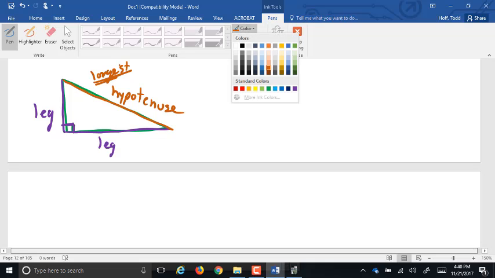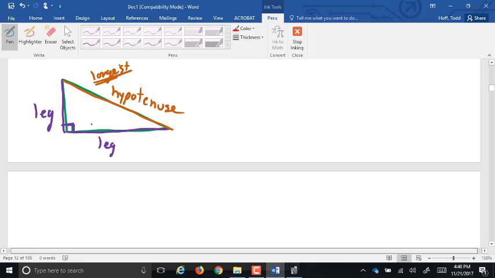When I label a triangle, it is customary to label angles with capital letters. The right angle is always labeled with the capital letter C. And then the sides are labeled with small letters that correspond to the angle across from them.